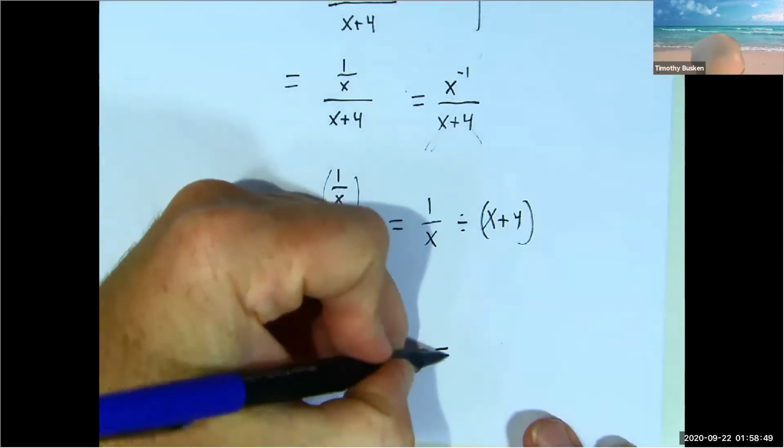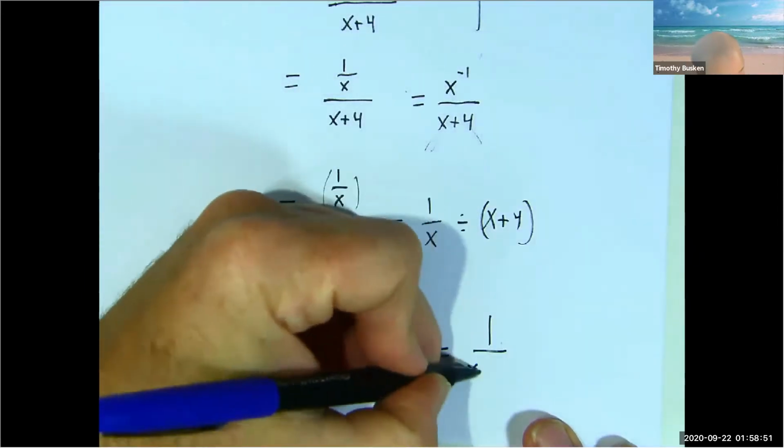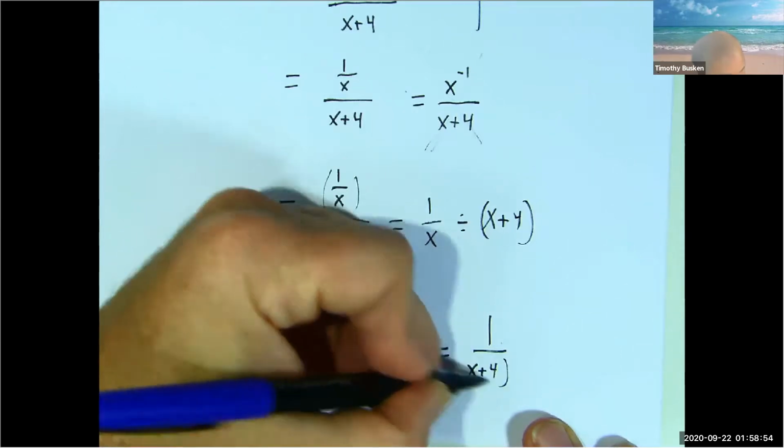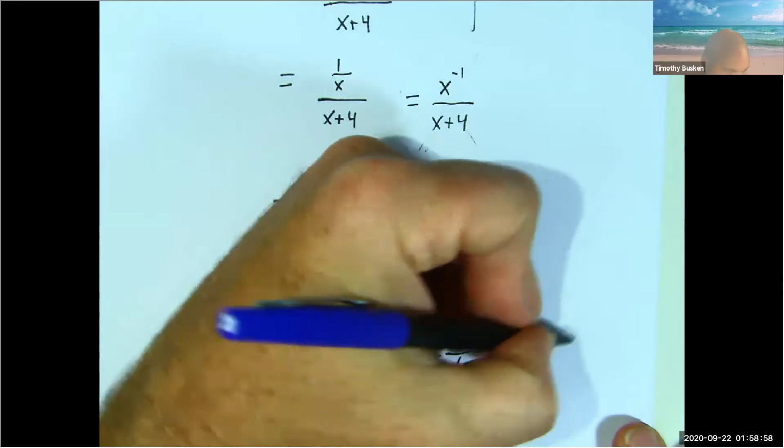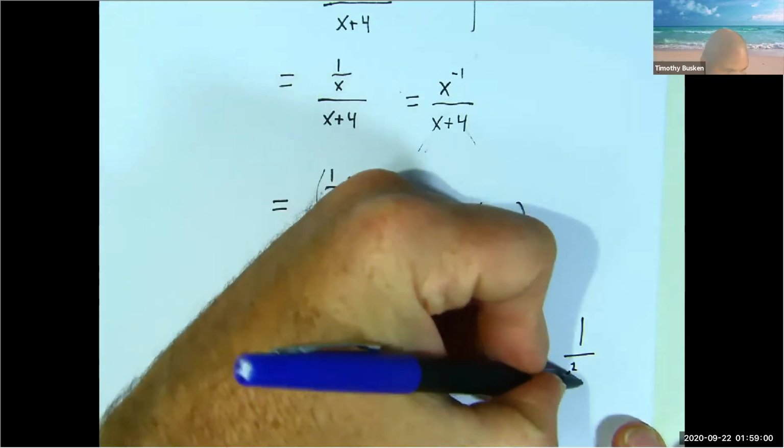Or you could write it like this, 1 over x times x plus 4. Well, okay, where does it end? You could write it like 1 over x squared plus 4x.